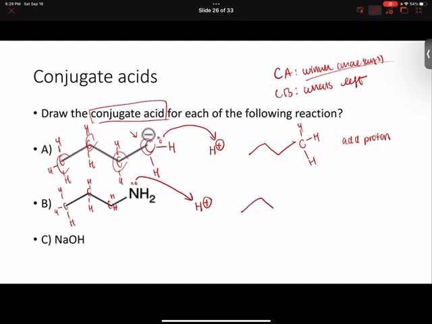So we have 1, 2, 3, nitrogen, 1, 2, and then hydrogen with another one. And then it's gonna have a positive charge, because nitrogen with 4 bonds, no lone pairs, is gonna have a positive charge.